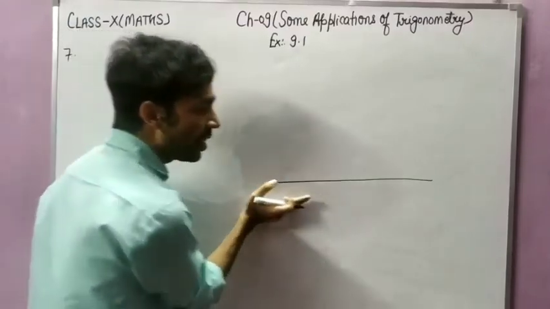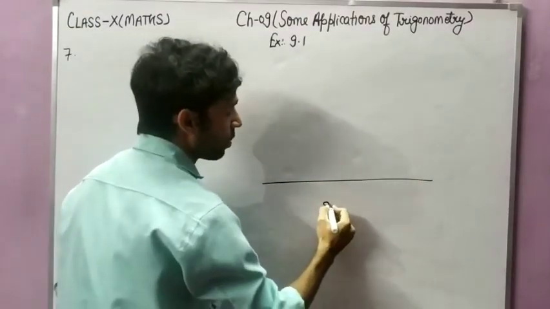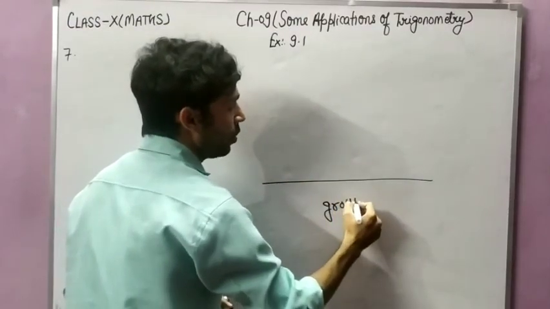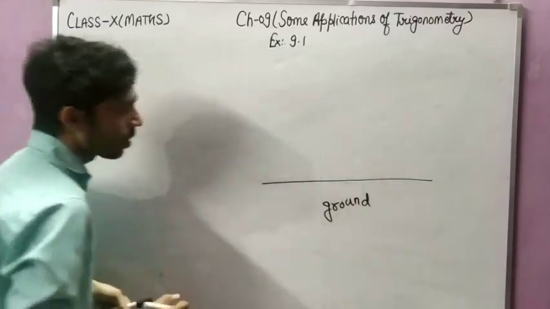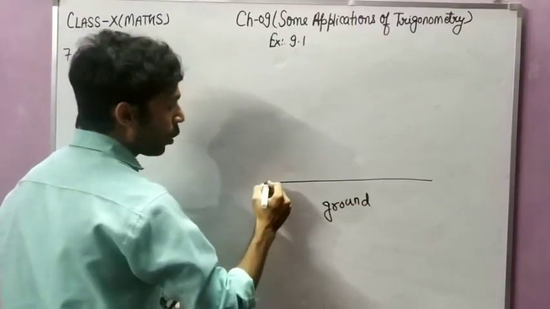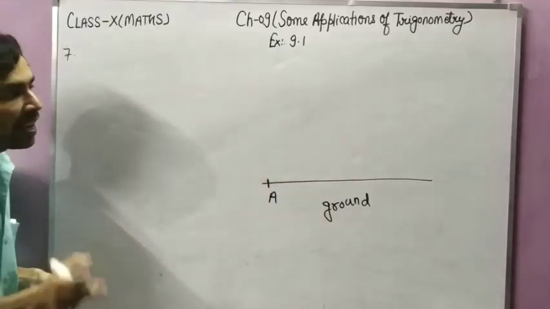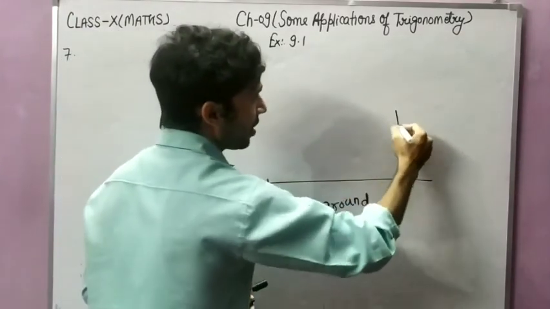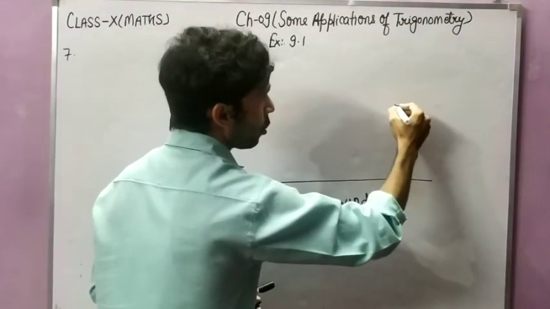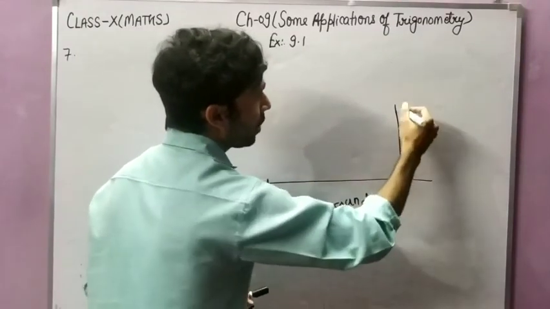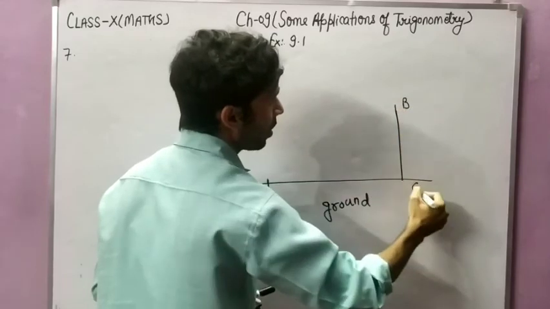So understand that it is a ground and it is a straight line. Suppose there is a point on the ground, that is suppose A. And there is a building which is 20-meter high. Suppose BC is the building which is 20-meter high.